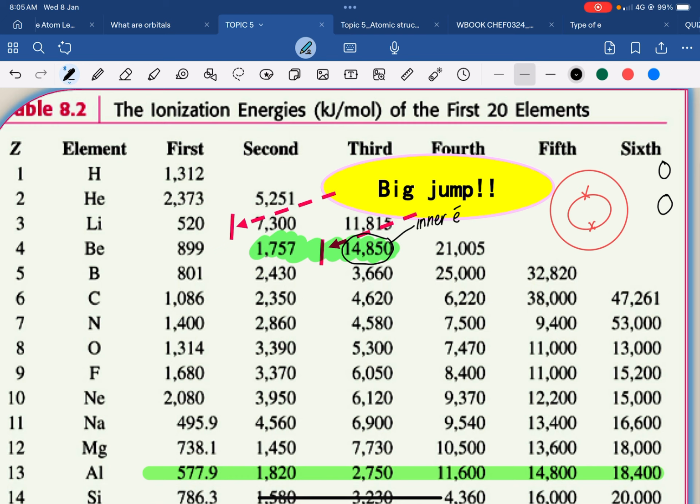So in order to break the stability, you need to apply a huge energy. Okay, very huge energy to take out the first electron from the inner electron. Okay, so the subsequent dia akan jadi besar, but then comparable. Okay, so you tengok for the fourth electron, it takes 21,000. So which is near lah dengan 14,000 tadi kan.